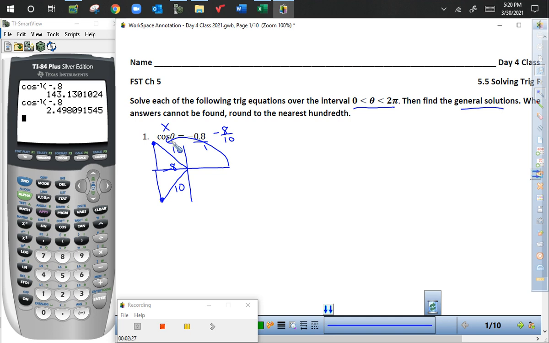Hopefully you remember from 5-2, our inverses, that the inverse cosine is only going to show up calculator values in quadrant 1 or 2, so quadrant 3 wasn't possible anyway. Now that we know that, I'm going to go ahead and jot down this first number in radians to the nearest hundredth, so theta could be 2.50.